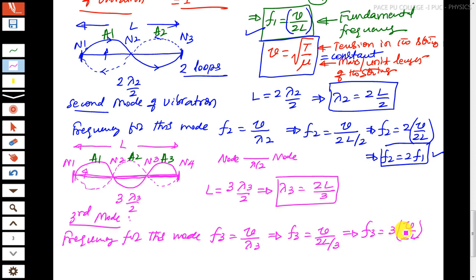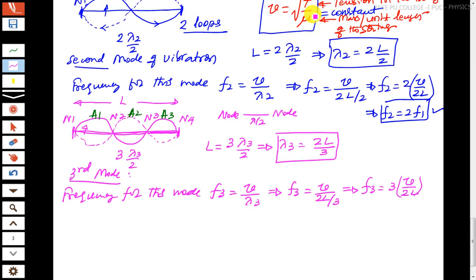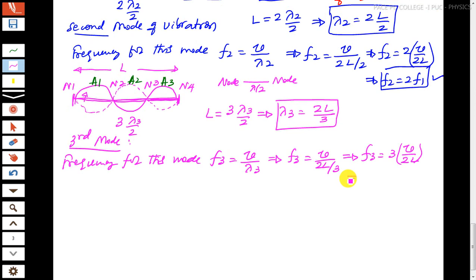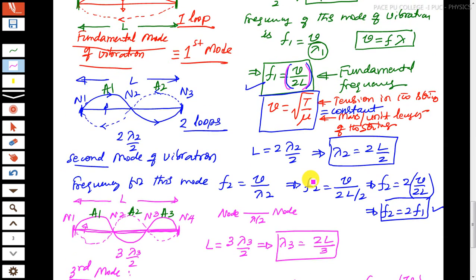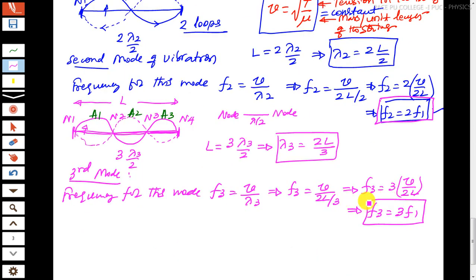Again observe, V divided by 2L is our F1. So I can rewrite this F3 as 3 times F1. Now I got some information regarding the frequencies. The fundamental frequency, otherwise the first mode frequency, is V divided by 2L. The second mode frequency is F2 equal to 2 times F1. And for the third mode of vibration, F3 is equal to 3 times F1.